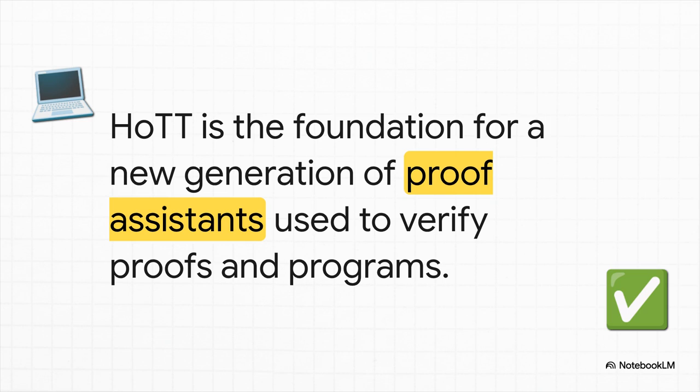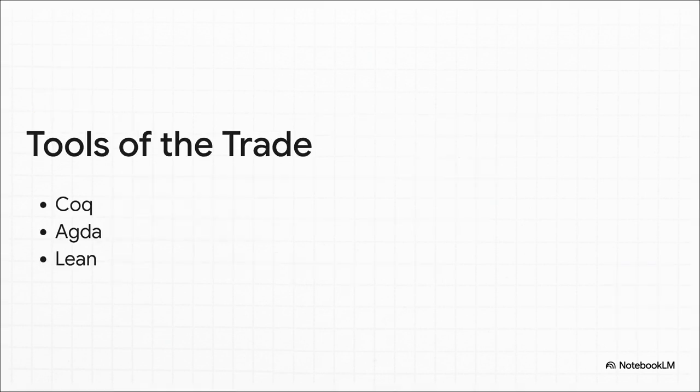This is powerful software that lets mathematicians and programmers verify with absolute certainty that their super complex proofs and critical software are 100% correct. Tools with names like Coq, Agda, and Lean are these proof assistants that have been used to formalize some of the most complicated theorems in all of mathematics. They're built on the principles of type theory, and more, they're incorporating the insights of HoTT to become even more powerful and honestly more intuitive.